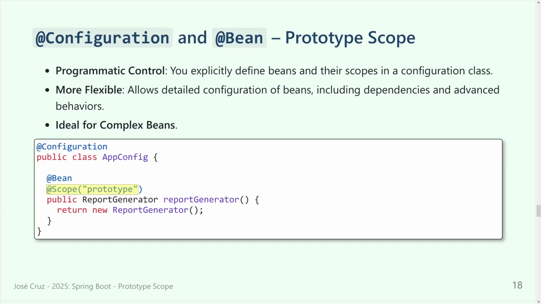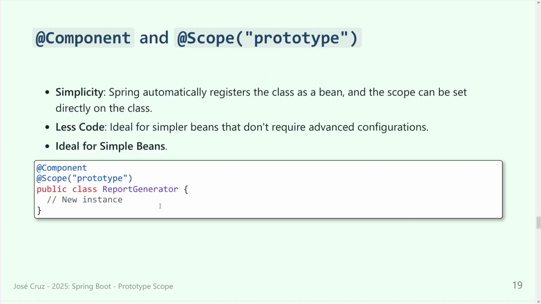When there is some complexity, meaning that to create this we maybe have to go to a database, get some data, do a lot of stuff, and then we create a report generator, for instance. That's one approach. Otherwise, you can just use the component and not use the configuration class. Meaning this one, you can also use this approach, component scope. This is, of course, simpler, because it is as is.